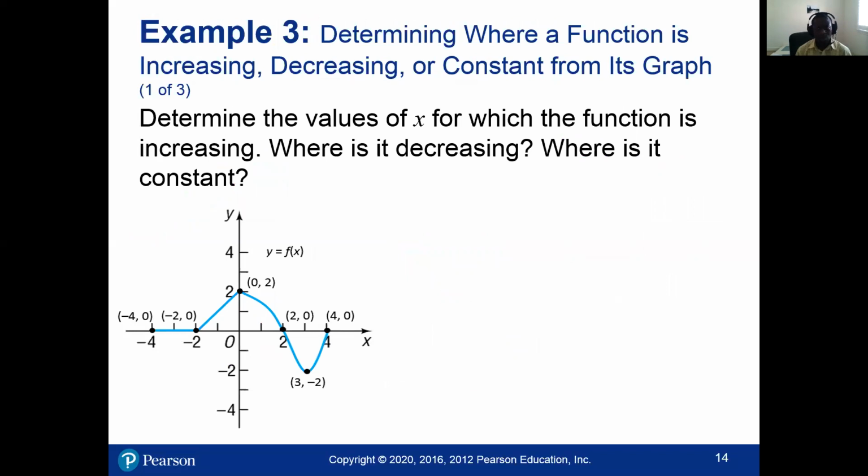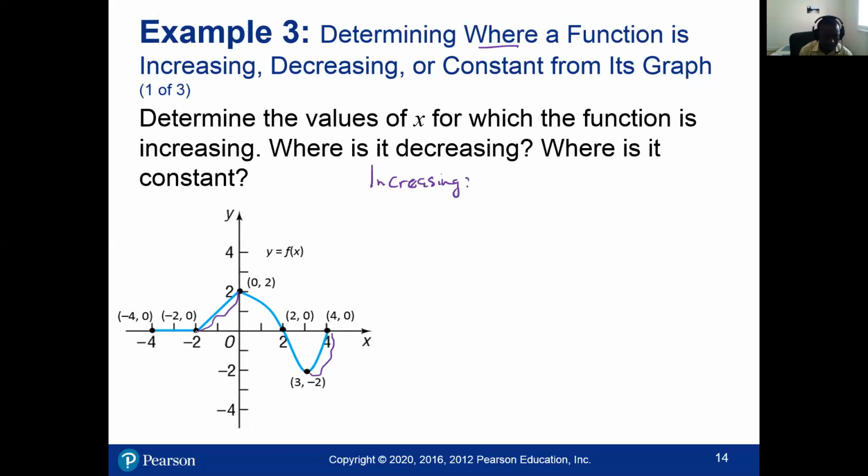For this, we want to find where the function is increasing, decreasing, or constant from the graph. So first, let's talk about increasing. Where is it going uphill? It's going uphill in this part, and from here to there. Now what are the x values?